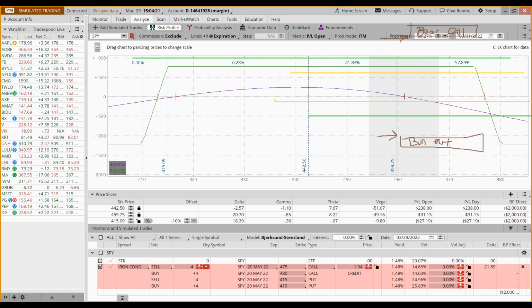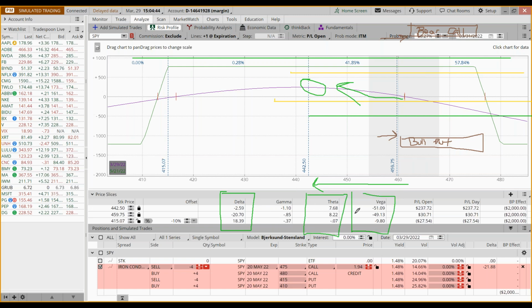Now, remember I said that we are mostly delta neutral. But in this regard, our sweet spot is down here. So we would want it to drop, right? Down here, you'll notice that's a drop towards 440. Delta negative means we're slightly bearish. Theta positive means I make money every day.